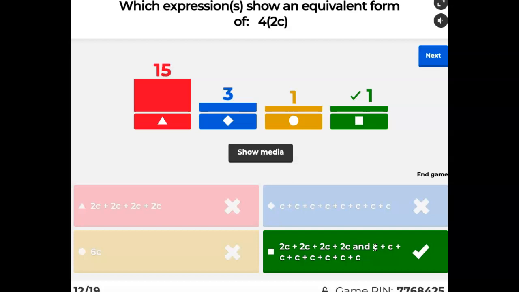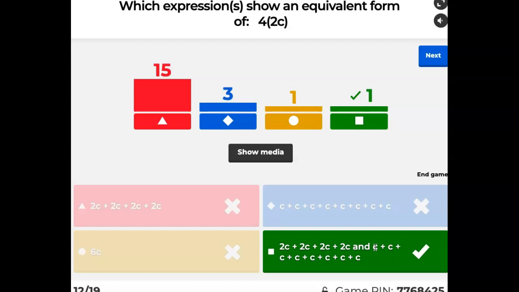All right. So 4 times 2c. It says, which expression or expressions show an equivalent form of 4 times 2c?